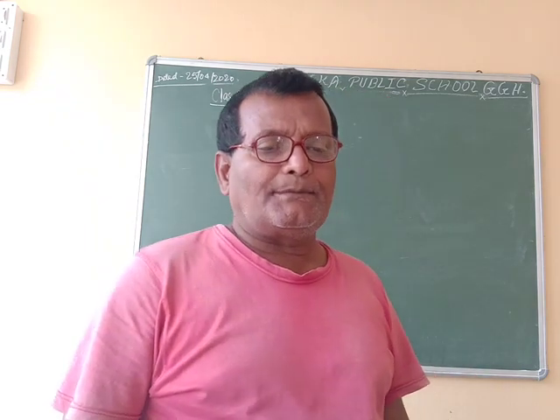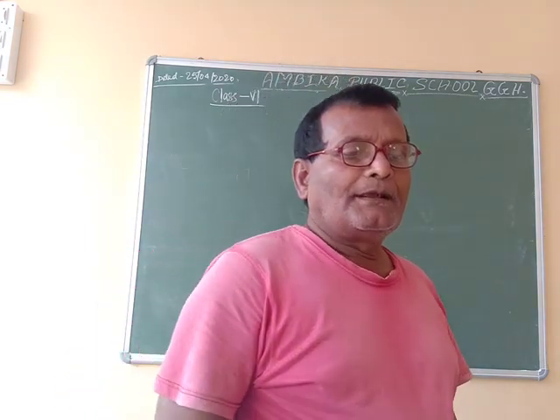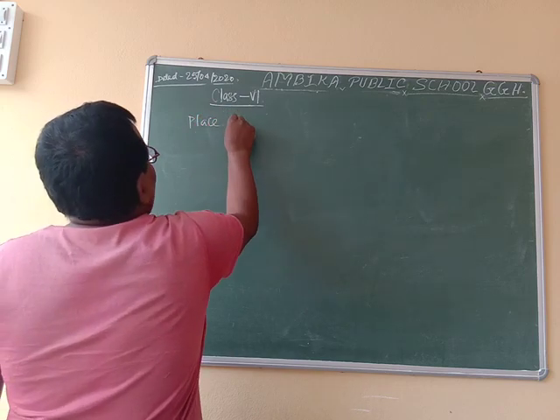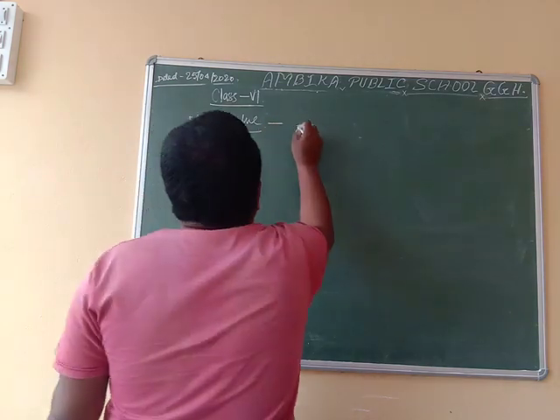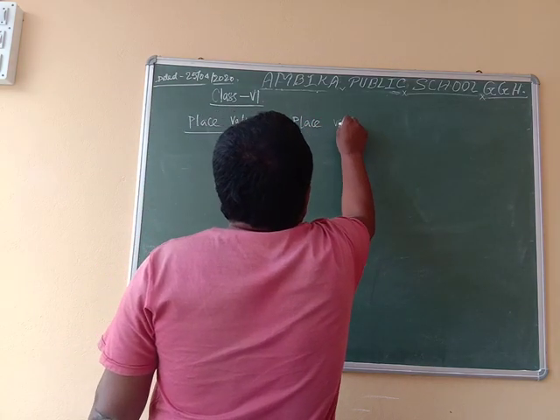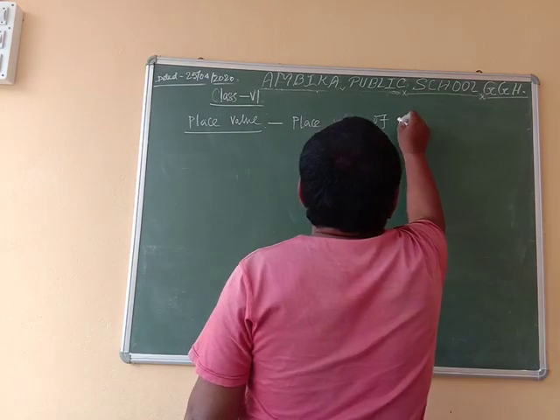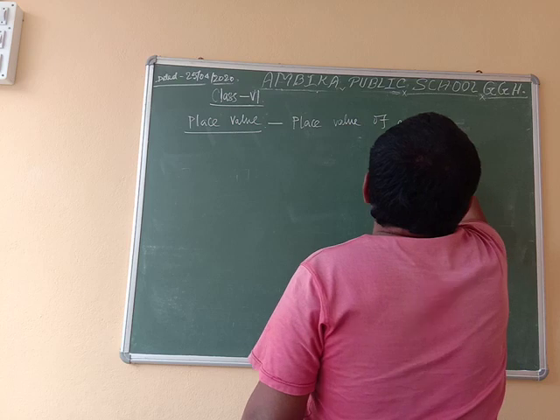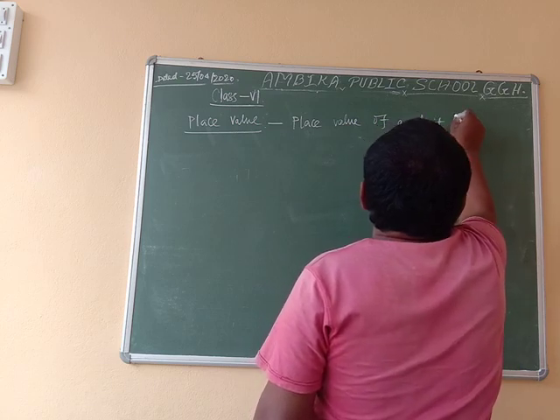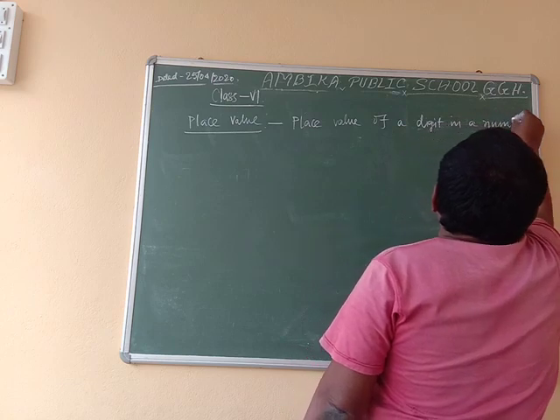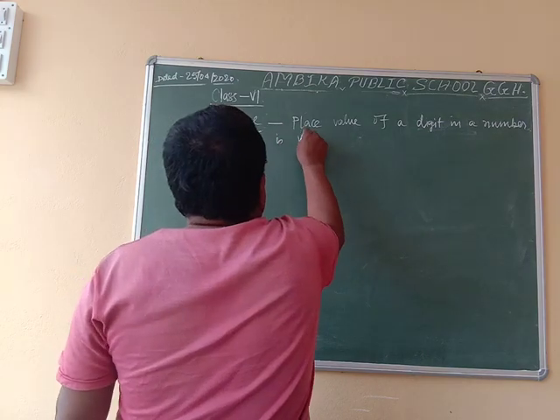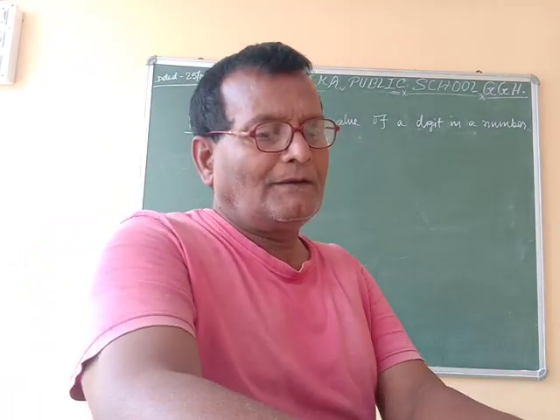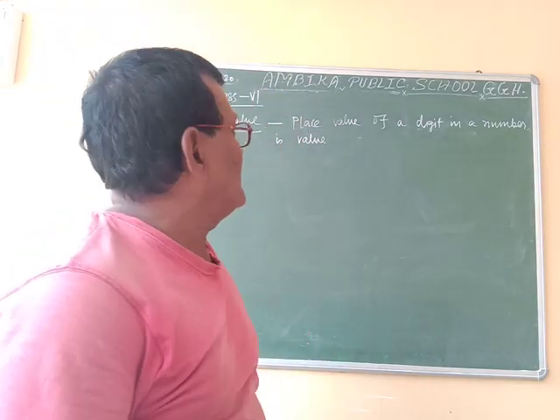Place value of a digit in a number is the value of the digit itself.